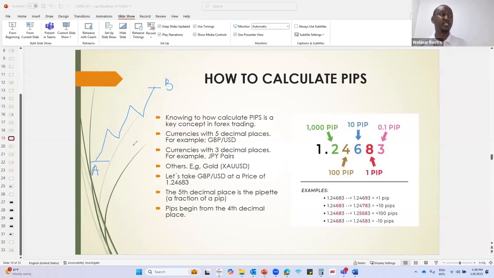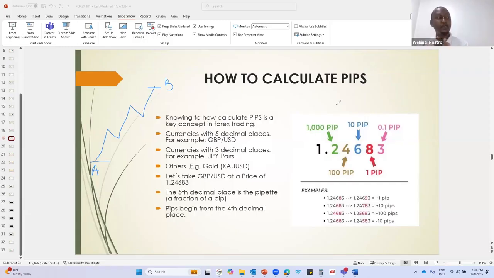Just like in real life, we measure distance from maybe Kisumu to Mombasa in terms of kilometers. In the market, we measure in terms of pips, right? PIP is an acronym of percentage in points.